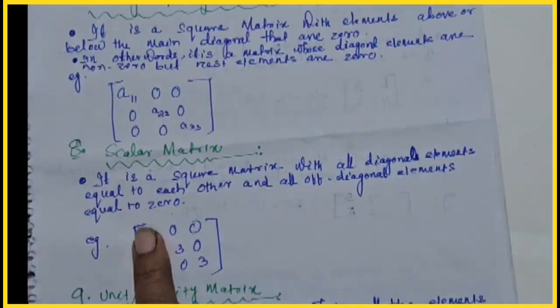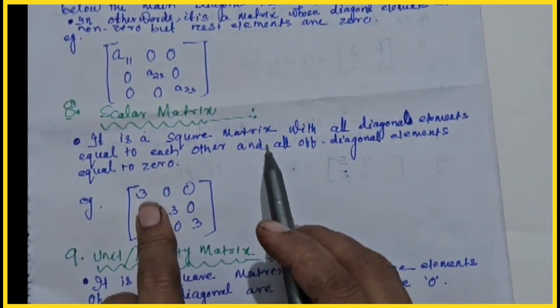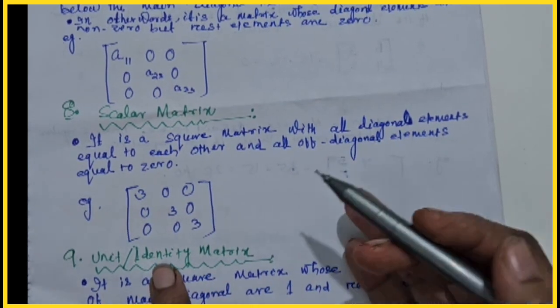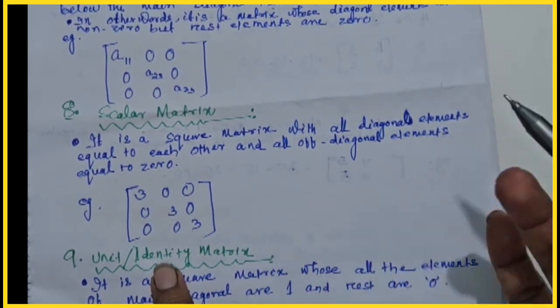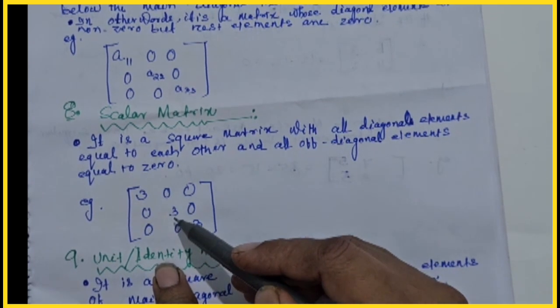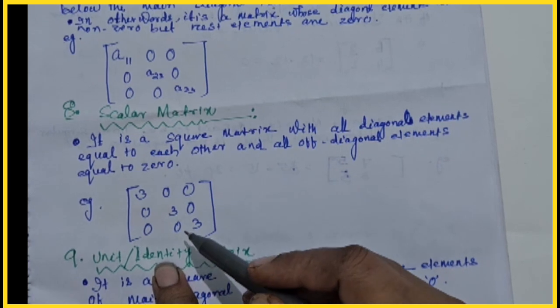Then scalar matrix. What is scalar matrix? It is a square matrix with all diagonal elements equal to each other and all off-diagonal elements equal to 0. So A11, A22, A33, the elements are equal.